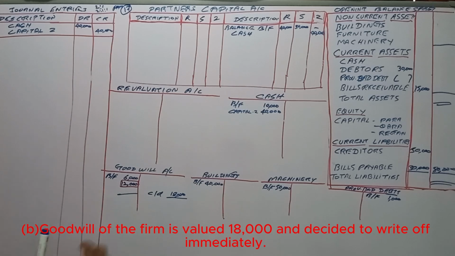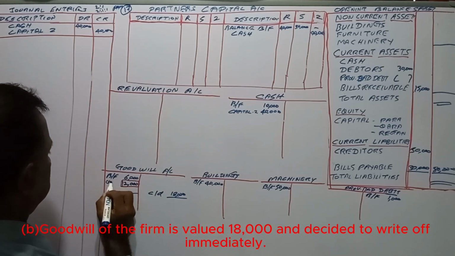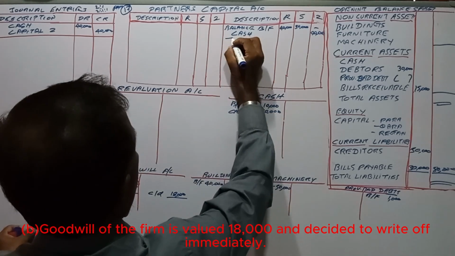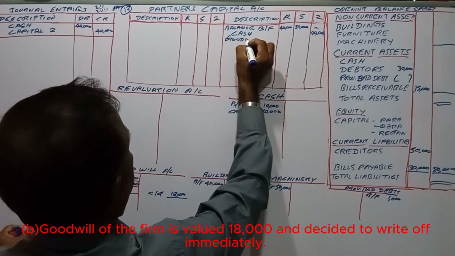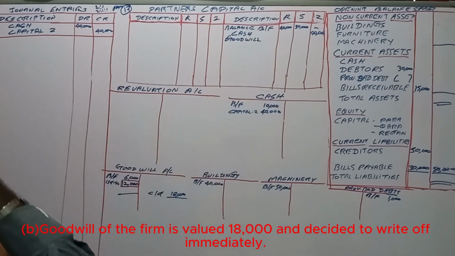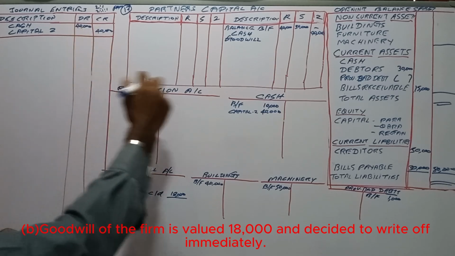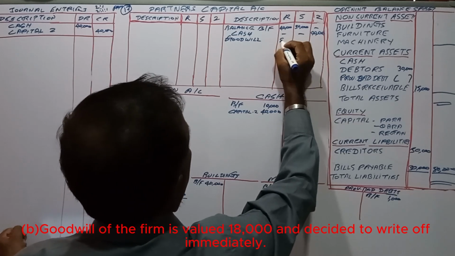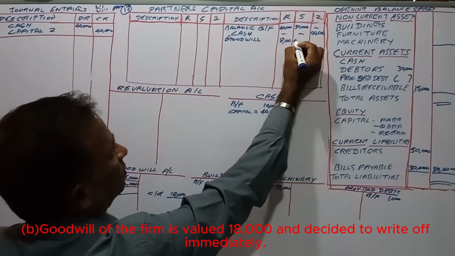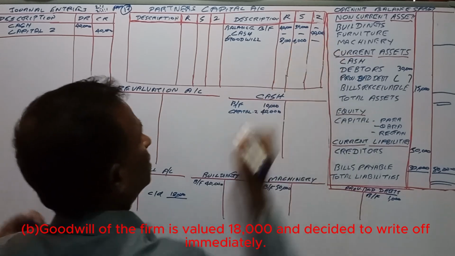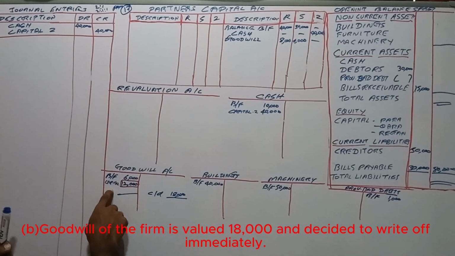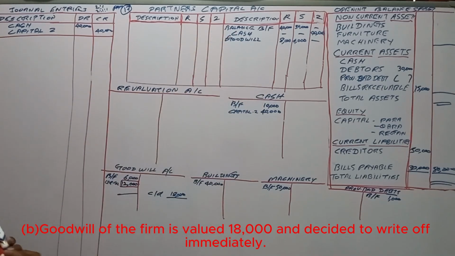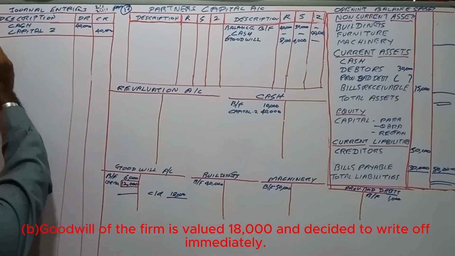Then we will say goodwill account debit, capital account credit. So what is the journal entry?